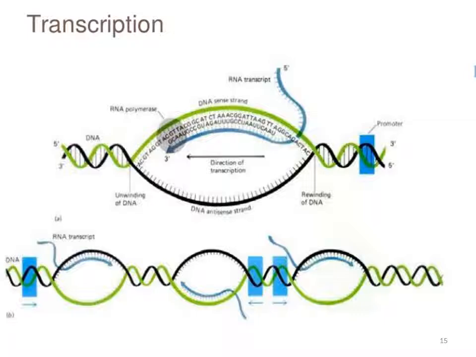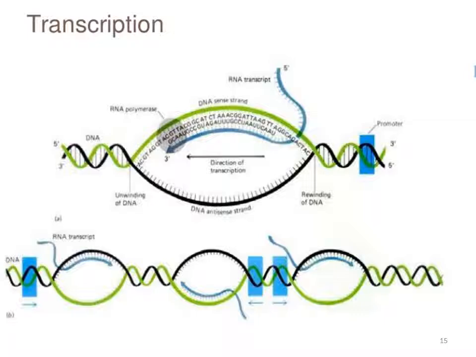After the process was over here, the RNA molecule up to this point was separated from the DNA molecule, and then the DNA molecule was rewound, meaning reclosed, and here this chain is growing continuously, and here we see that this is the RNA polymerase molecule.